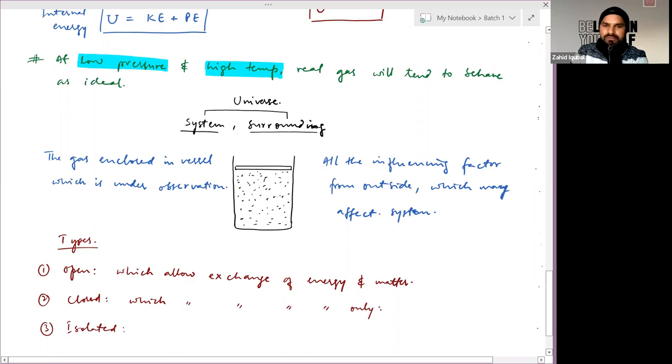There will be no exchange of matter. In an isolated system, there will be no exchange of either energy or matter. It means no exchange of energy and matter can take place.